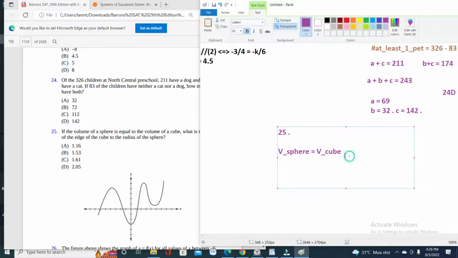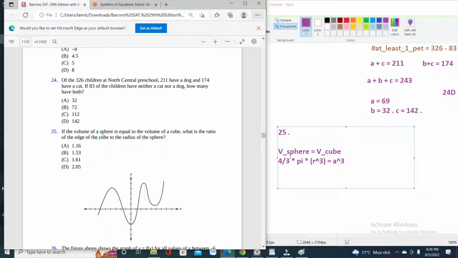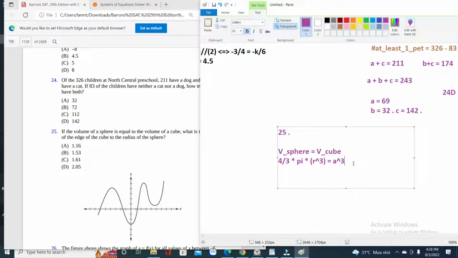The volume of the sphere is going to be 4 over 3 times pi times r cubed, sorry, and the volume of the cube is just a cubed, the side cubed, right? They asked about the ratio of the edge of the cube to the radius of the sphere. So edge of the cube over the radius of the sphere, a over r is equal to what?